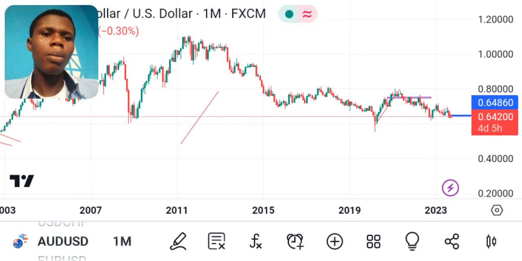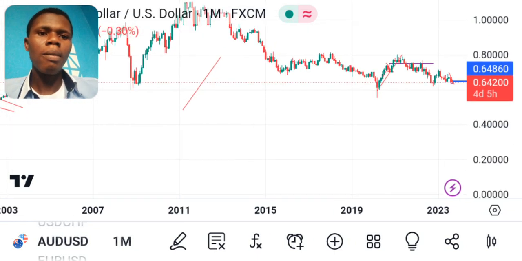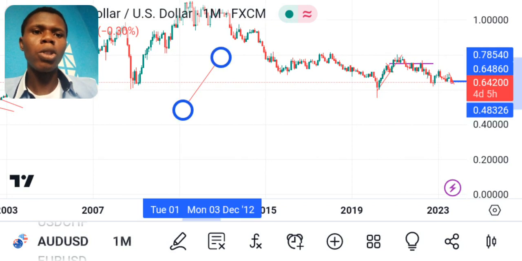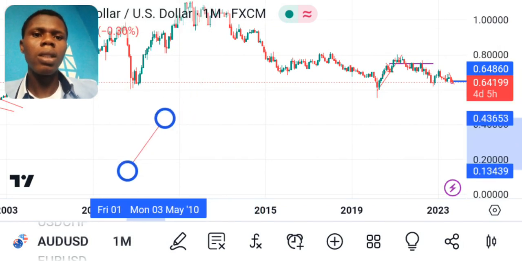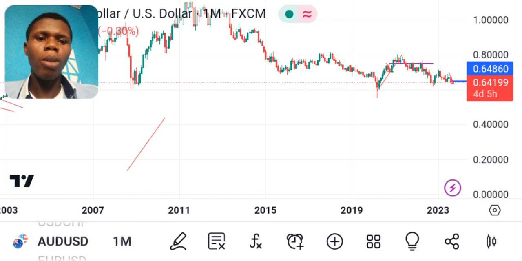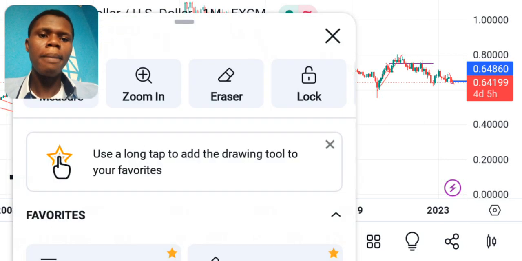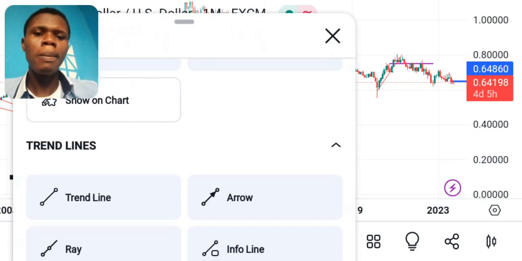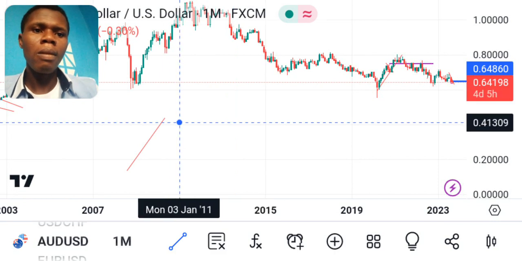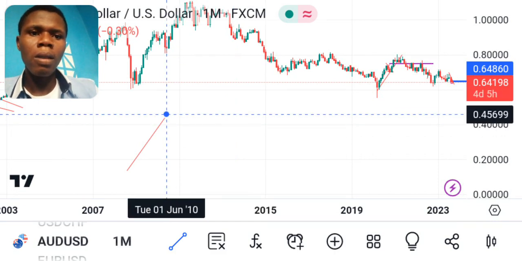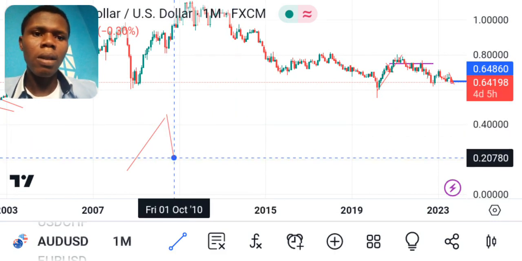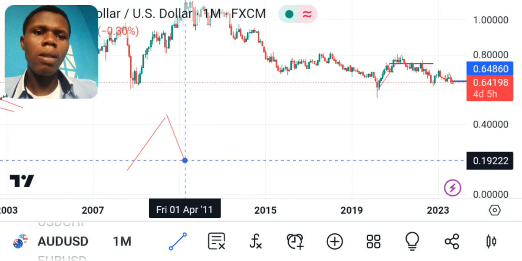Let's just go up a little bit. A market that is bullish is supposed to be doing something like this. A market that is going up: higher high, higher low.